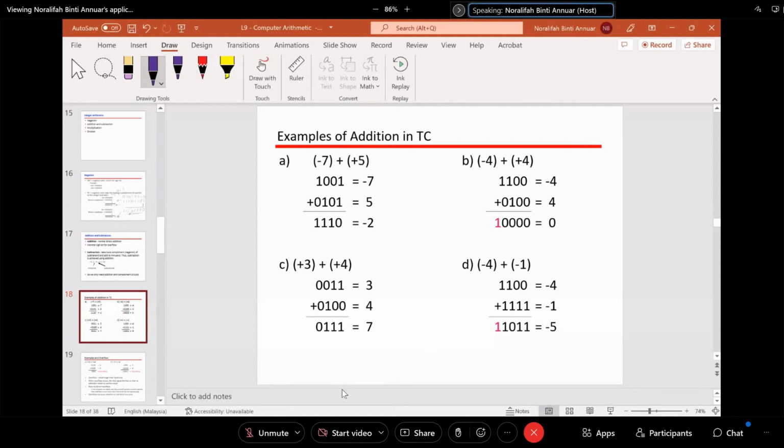Here, negative 7. With 1, 2, 4, 8 it is 1, 2, 4, 8, but here it says 1, 0. So how you get 1, 0, 0, 1 is first you find the value 7. I will show only A, the rest you do on your own.